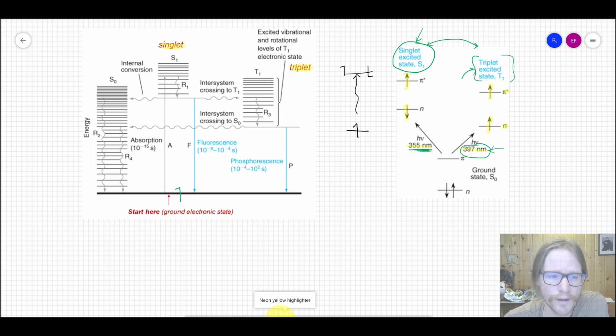But know that when you absorb a photon of light and excite a molecule's electron from a ground state, in this case the ground state for formaldehyde would have been in the n molecular orbital, the non-bonding orbital, you excite that up to the first excited state. Then it can land anywhere inside of those different vibrational modes.